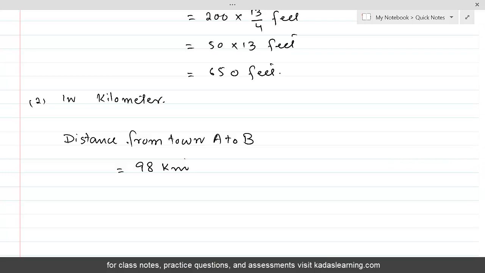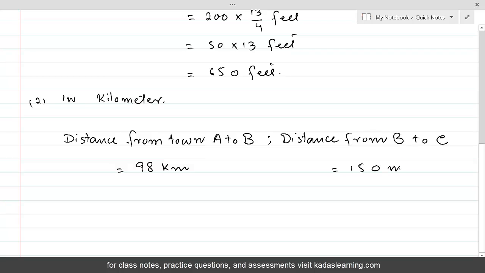So we will be converting the other distance, which is given in miles. The distance from B to C is equal to 150 miles, and we will need to convert miles into kilometers.